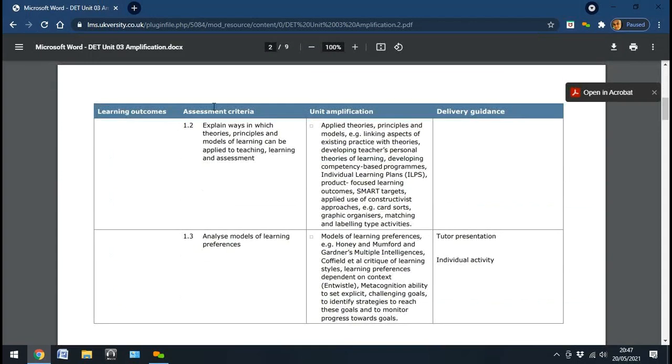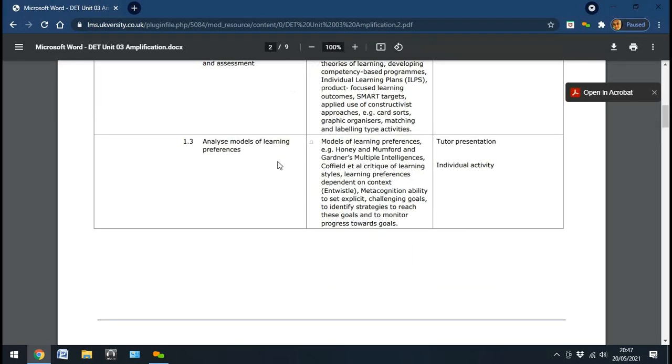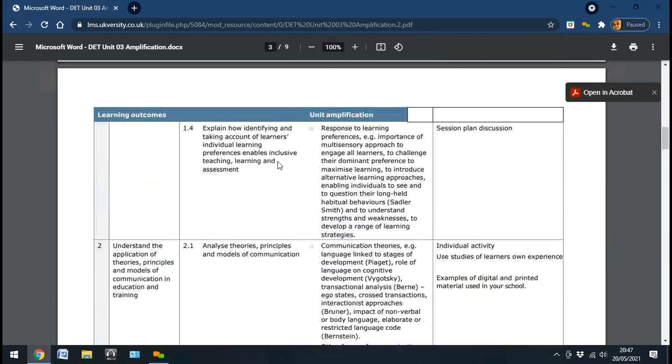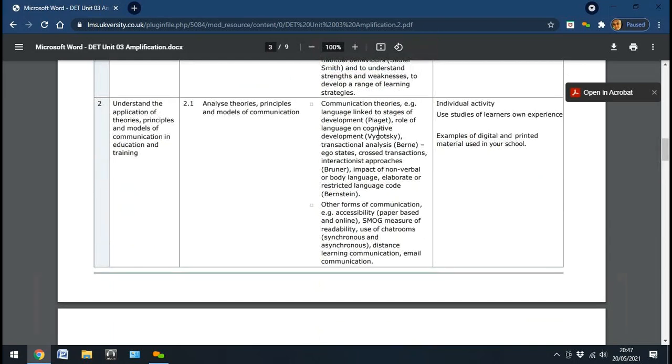It then goes on to 1.2, explain ways in which those theories can be adapted or used or applied in your environment. Again, models of learning preference it goes into at 1.3, and an explanation of how identifying and taking account of learners' individual preferences, that's things like VARK, affect how you actually deliver. It gives you ideas in the second column.